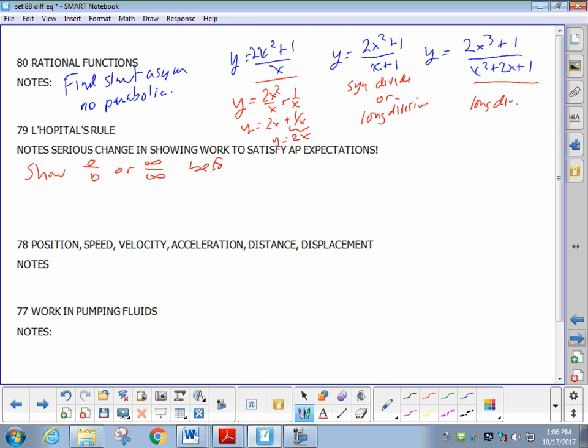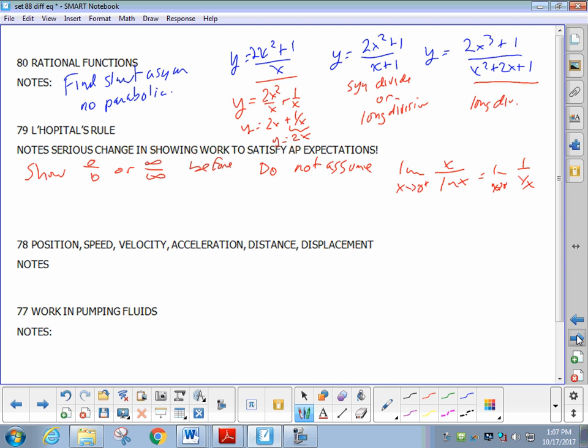Okay, L'Hopital's rule, make sure you show it's indeterminate before. Do not assume. There's a problem on the homework. People say, okay, here we go, L'Hopital, boom, limit is 1 over x. What's the problem with that? It's not indeterminate.